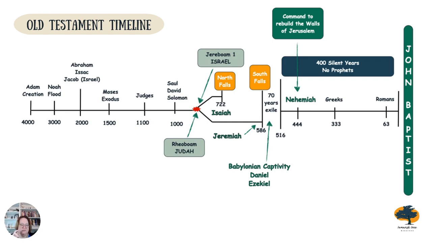But this is just at least to give you context of what's going on here. And so you'll see the orange box at 722, the north falls to Assyria. And if you know your history, which is what we're working on here, the capital city of Assyria is Nineveh.